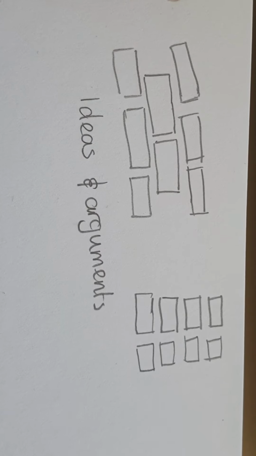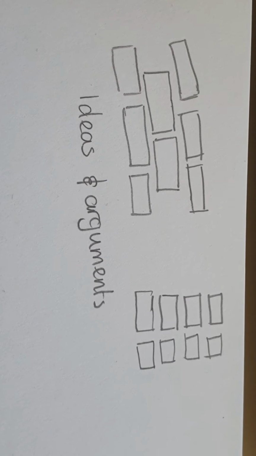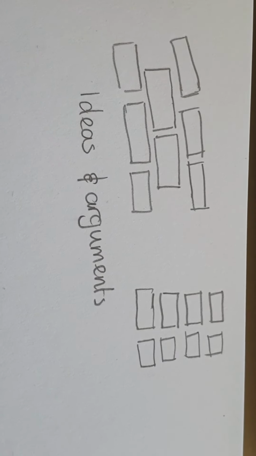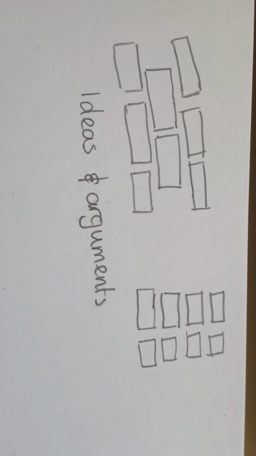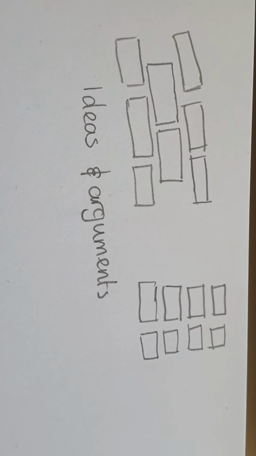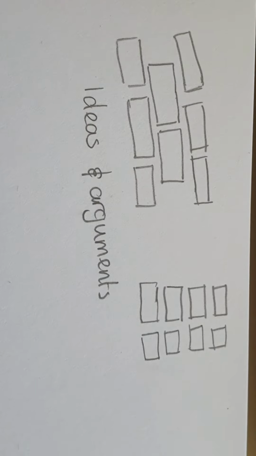Now, to claim that an argument is valid means that there aren't any contradictions that have been made in reaching the final conclusion. So the ideas and the information that you've presented don't contradict the conclusion that you're trying to reach.